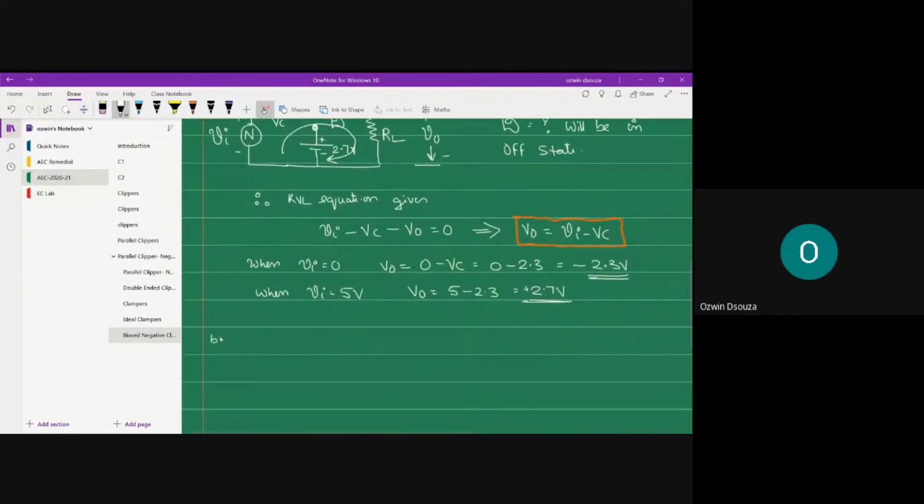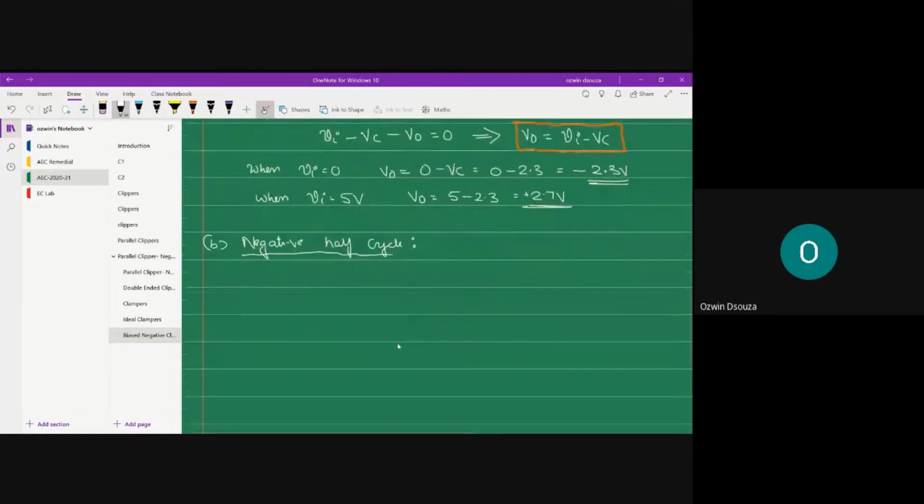Now let us examine the negative half cycle. In the negative half cycle also, the diode will be in off state.